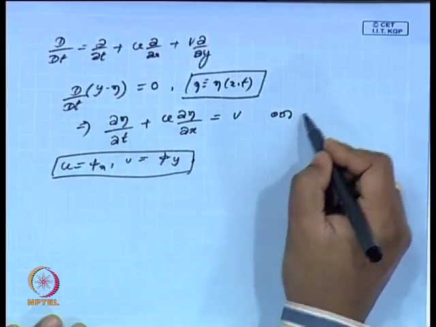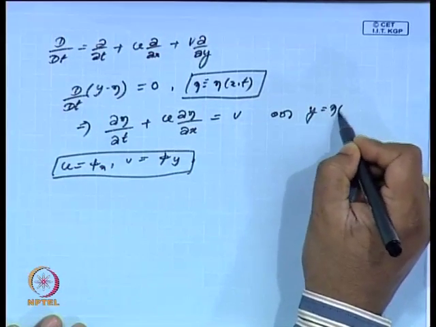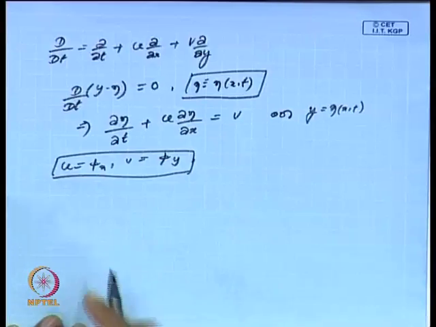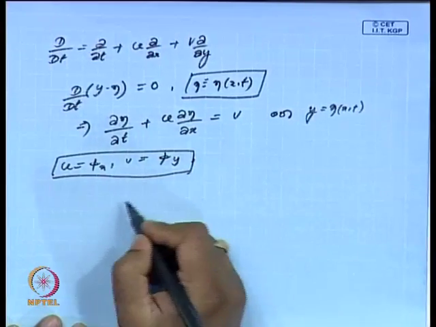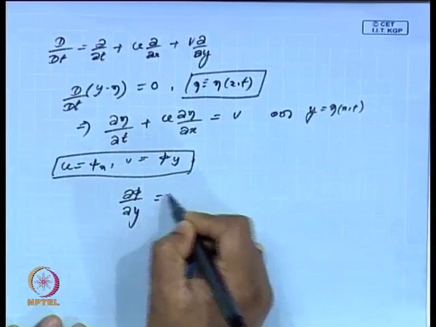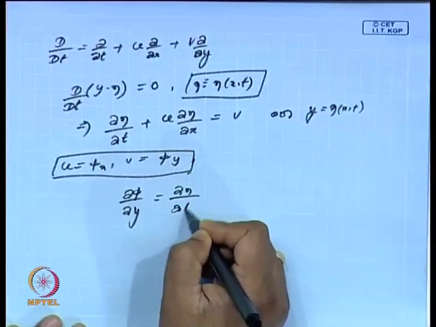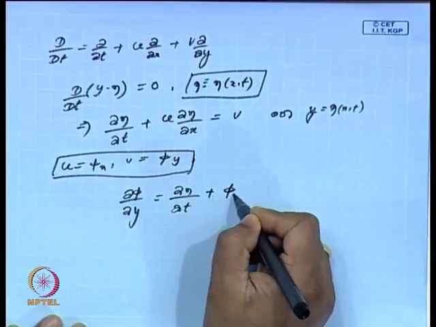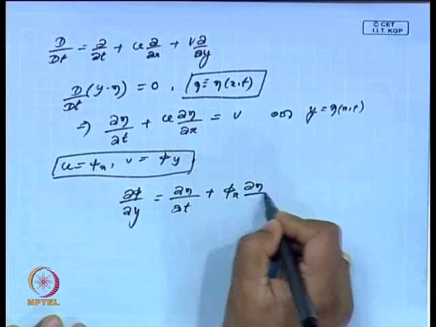So, this condition, on y is equal to eta(x,t), will give me del phi by del y is equal to del eta by del t plus phi x del eta by del x.